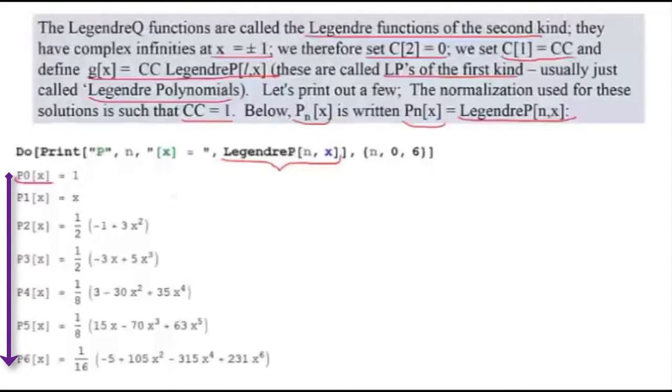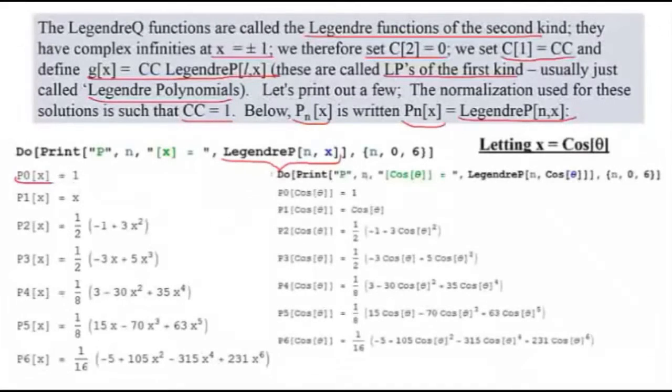And these can keep going on. And you'll notice that as you increase the order, these equations get more and more terms. And these are polynomials, in this case of x. If we put in x equal cosine theta, then you'll notice that all we've done is replace x with cosine theta, and these would be the Legendre polynomials as a function of cosine theta, or you could just say theta if you wish.